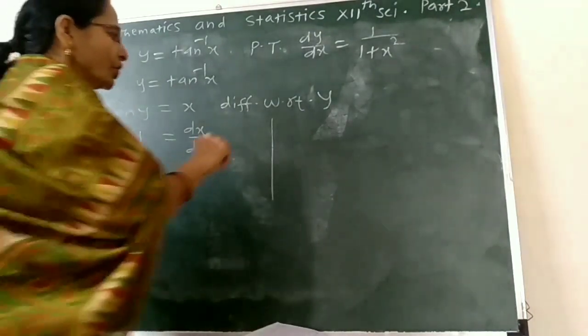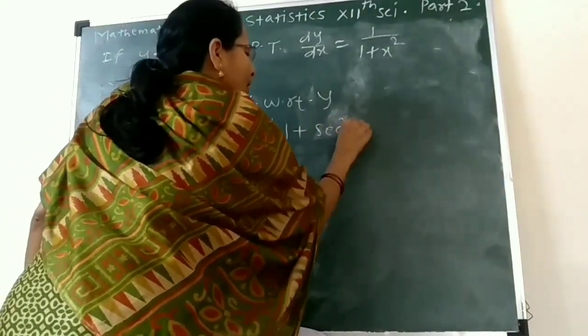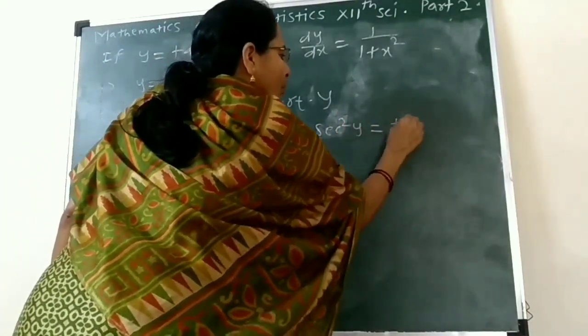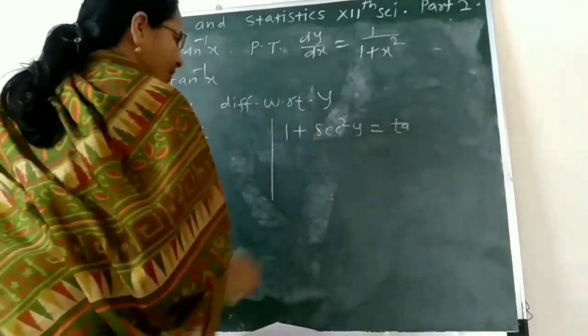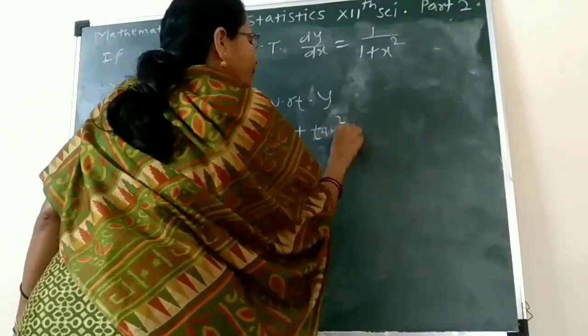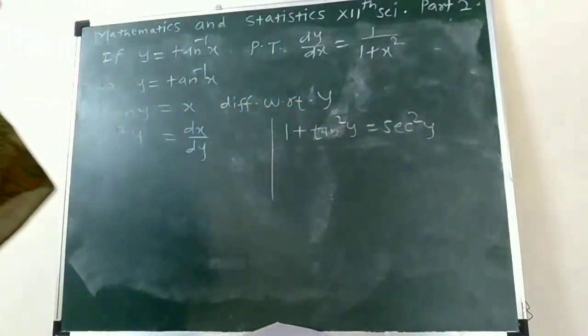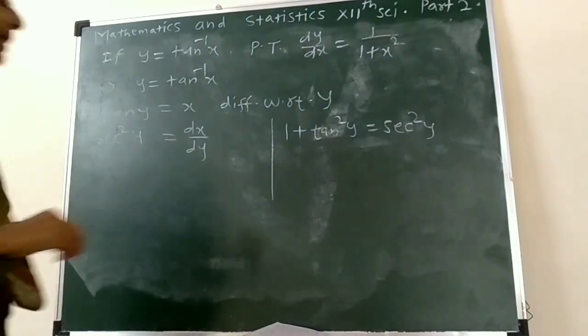We know the identity between tan y and sec square y, and we find the value of sec square y. One plus tan square y equal to sec square y.